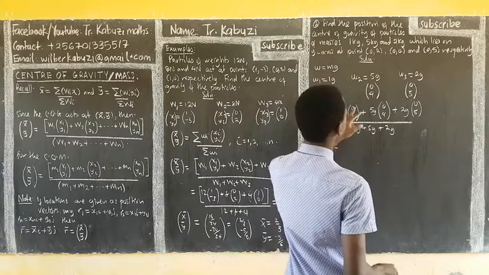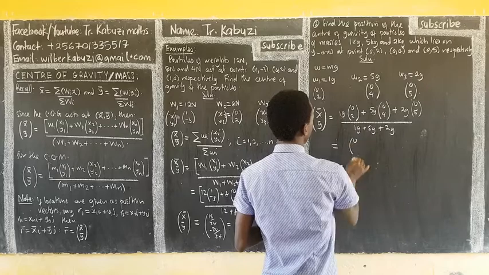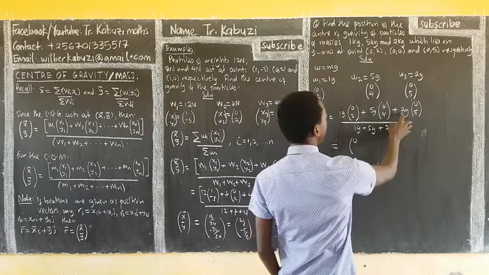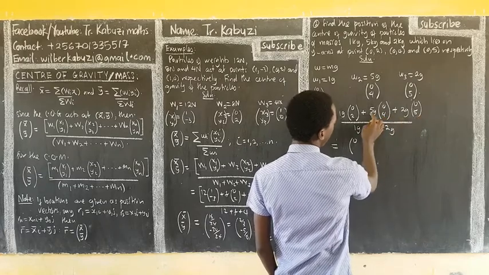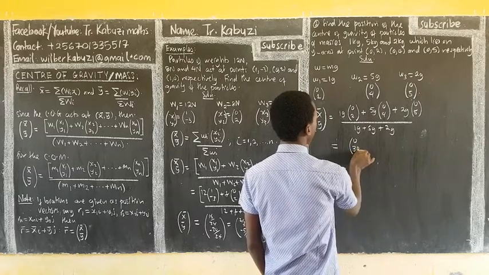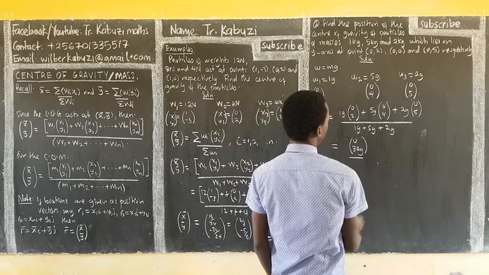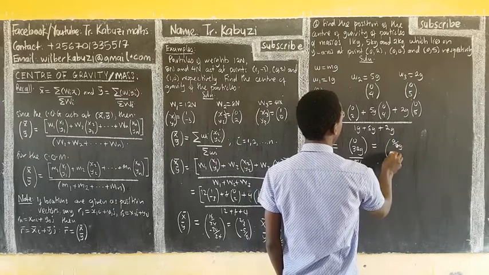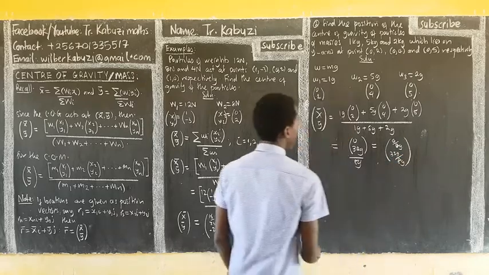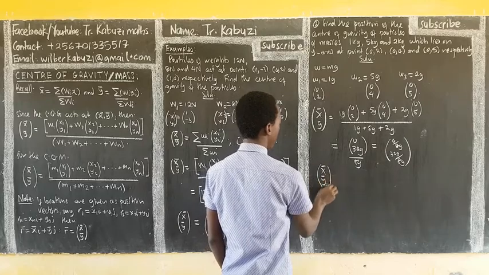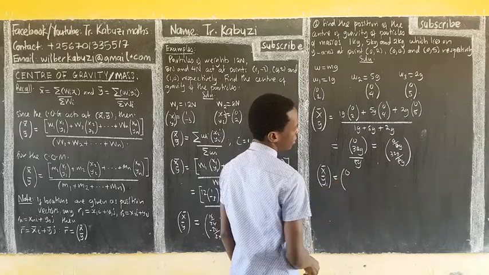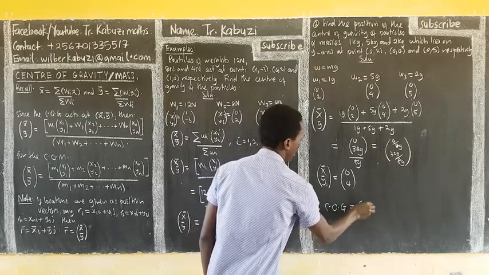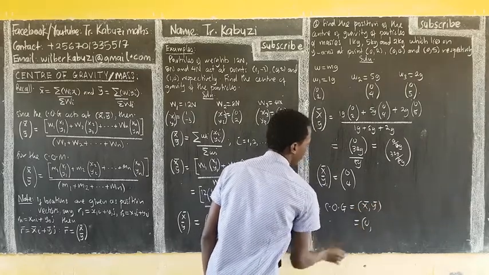The x part is 0, and the y part is 2g plus 20g plus 10g, which is 32g, all over 8g. When we divide, we get 0 and 4. So our center of gravity, x bar, y bar, is (0, 4).